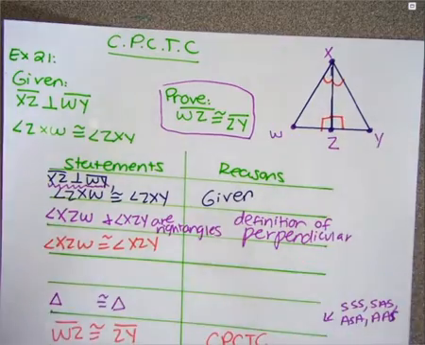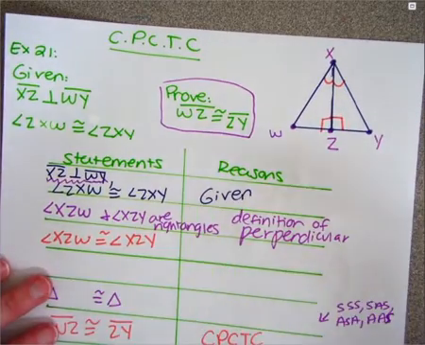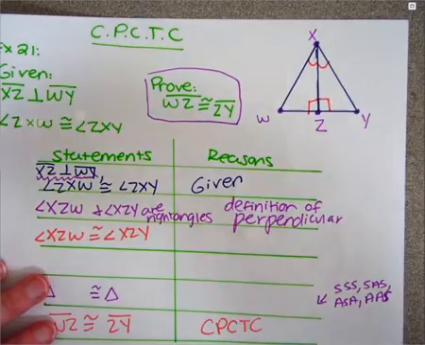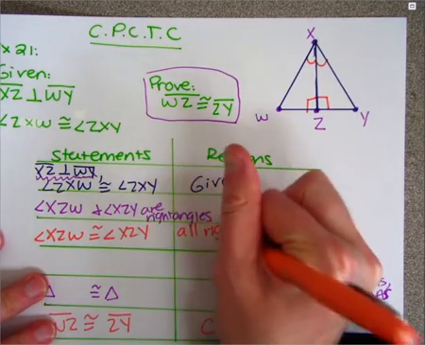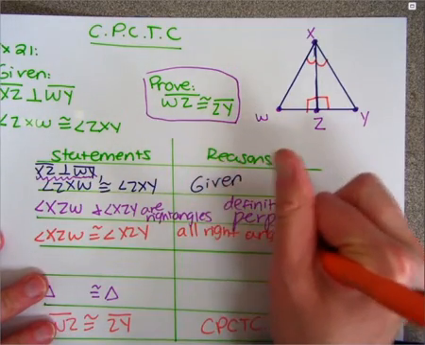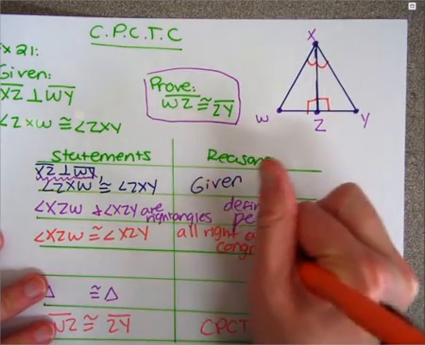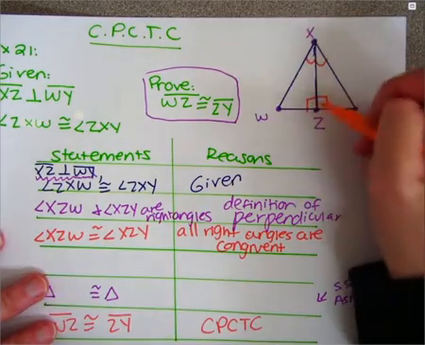And again, if you look at that nifty packet, the reason why I can say that is because all right angles are congruent. Remember, it doesn't have a special name or anything. It's just simply all right angles are congruent. Okay, so I know now that these two are congruent.